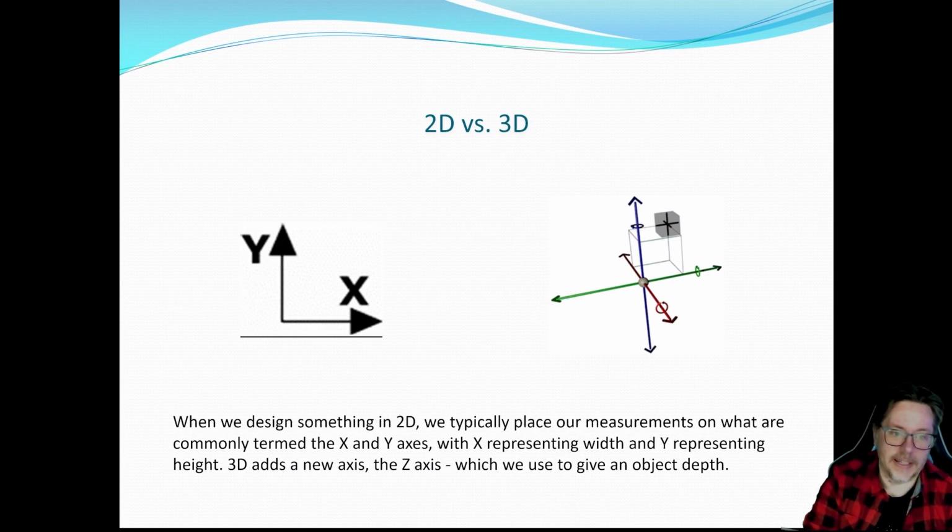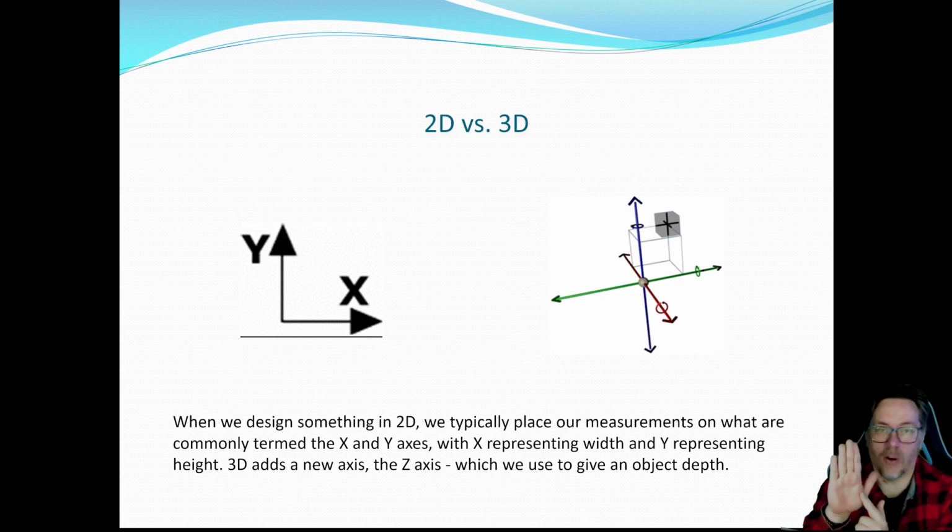2D versus 3D. So when we design something in 2D, we generally place our measurements on what are commonly termed as the X and Y axis. Obviously, 2D is a flat shape, and the X and Y will go along and across, with generally the X representing the width and Y representing the height.